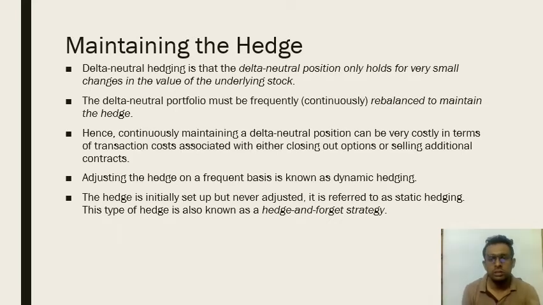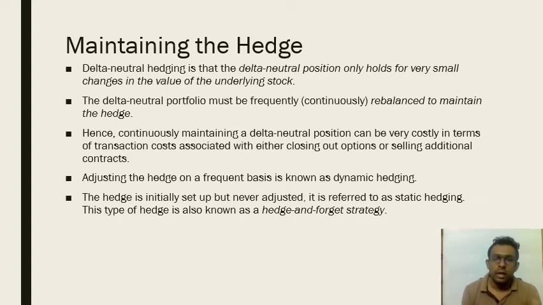That is the part of maintaining the hedge, that people are not very much into option hedging, because it is very costly. As I have already explained to you, the transaction cost of options buying and selling is very high, and also the transaction and brokerage through which we will get these options will be high.